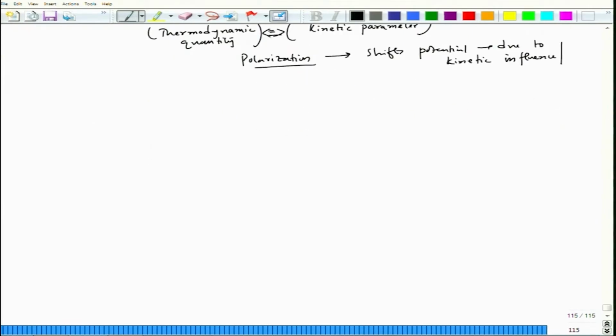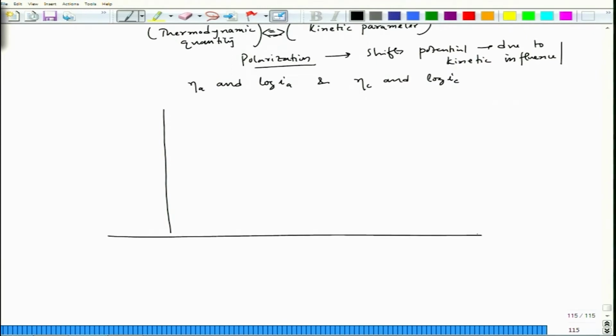Let us see the plot between ηa and log Ia as well as ηc and log Ic. Let us say this side is log I and this particular axis is η.